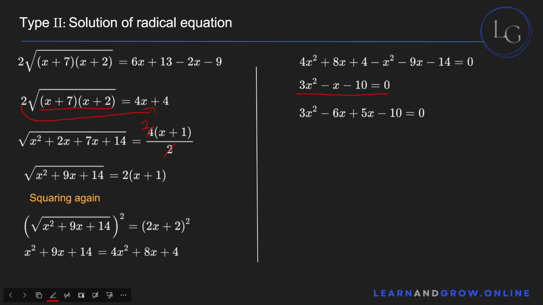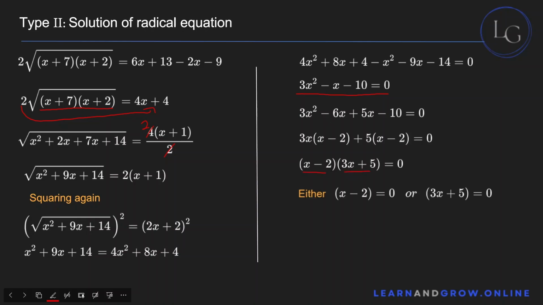Now, this is easily factorable. You can factorize this equation. And always remember, in trying to solve a quadratic equation, your best bet, and because it is the easiest way to solve it, is factorization. So this can be factorized, and now you'll get two terms for x, and now either x minus 2 is equal to 0 or 3x plus 5 is equal to 0, and now you get two solutions.